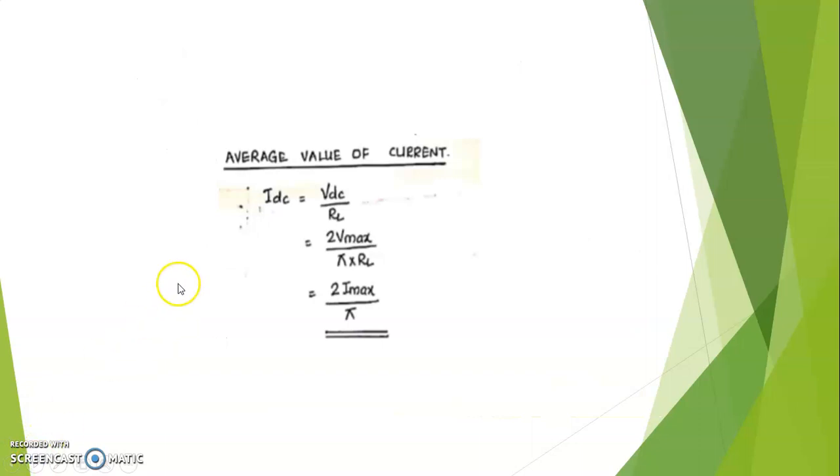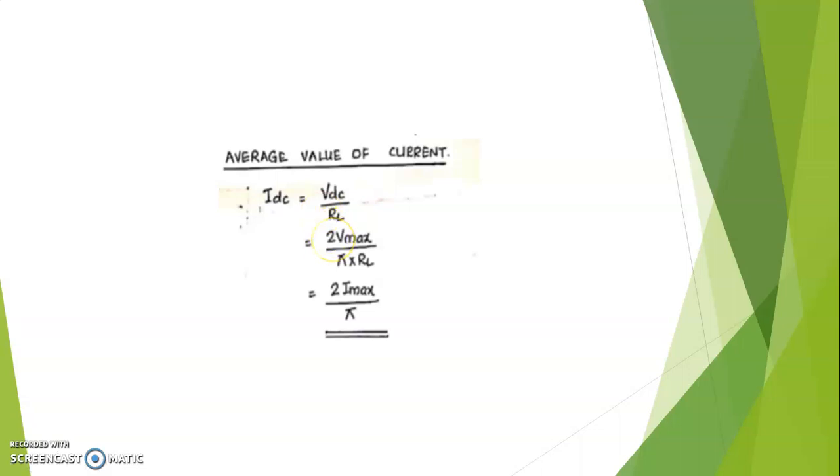Next, in order to find the average value of the current, which is given by IDC: any current is given by voltage by resistance. So, we will write VDC by RL, where RL is the resistance across which we take the output.